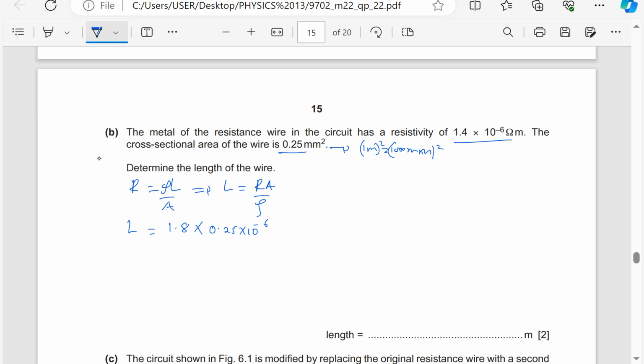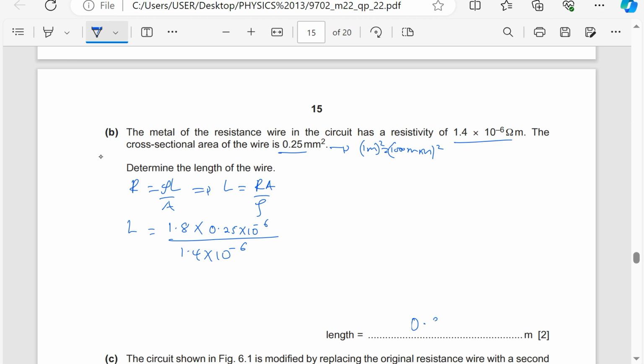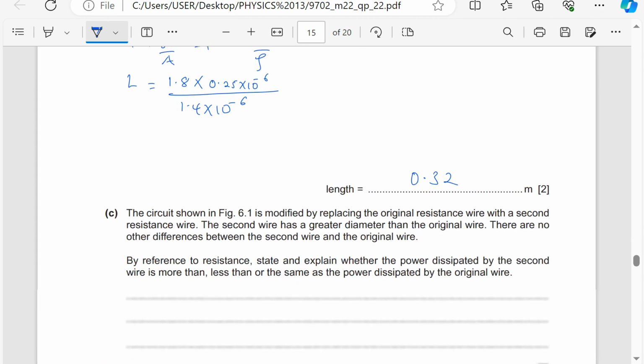Okay, so that is the area. Then divide by the resistivity, which is 1.4 times 10 to the power of minus 6. The minus 6 has cancelled. I'll just say 1.8 times 0.25 divided by 1.4, which is 0.32 meters.